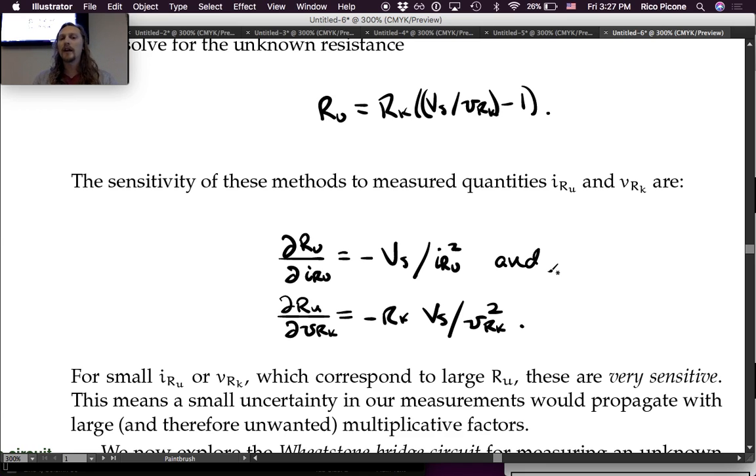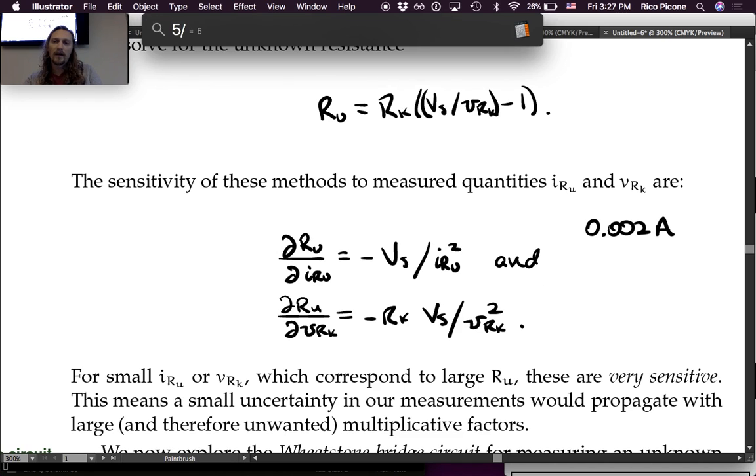So if you change the current just a little bit, say you're only flowing like 2 milliamps of current, and maybe you're applying 5 volts or something, your sensitivity is 5 divided by 0.002 squared.